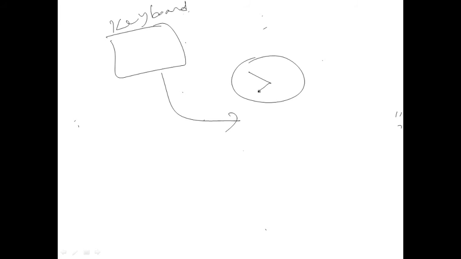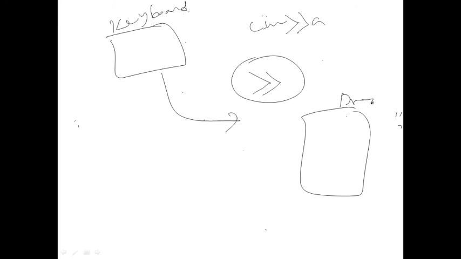In the cin statement, what we do is take input from the keyboard and put it in our memory or in our computer system. Here is the keyboard, and this operator is doing that, and this is your program.